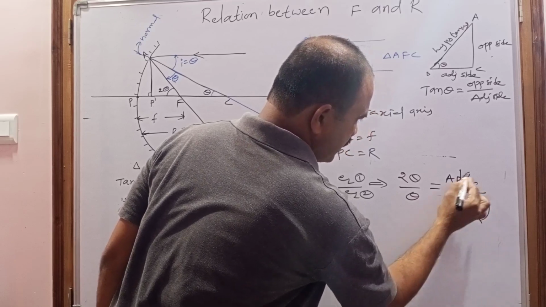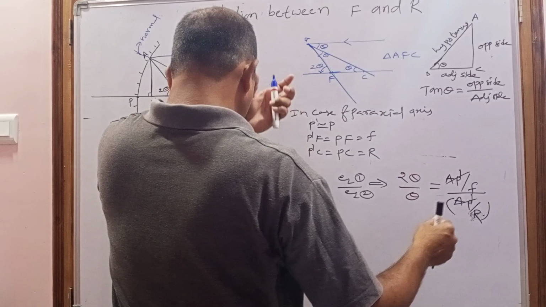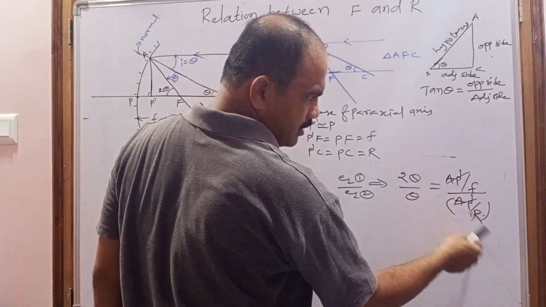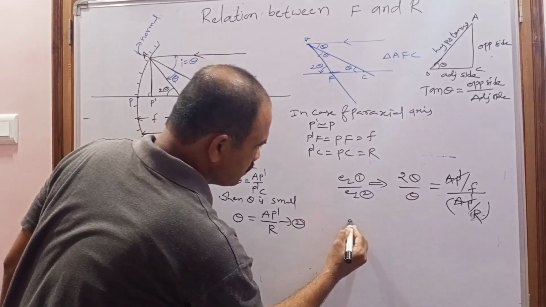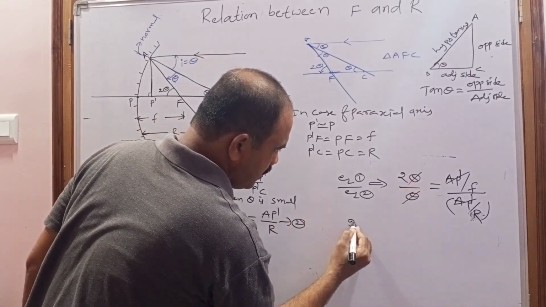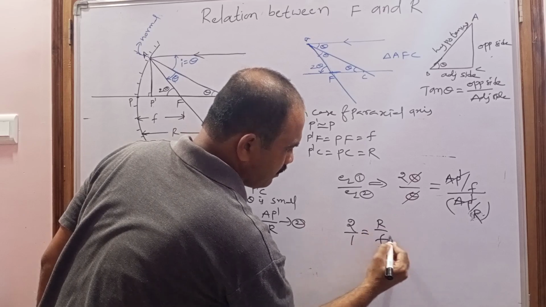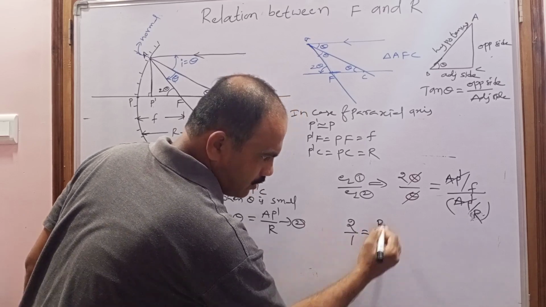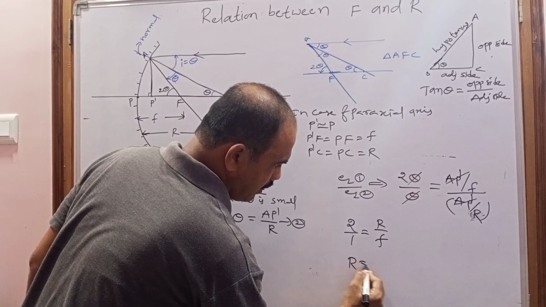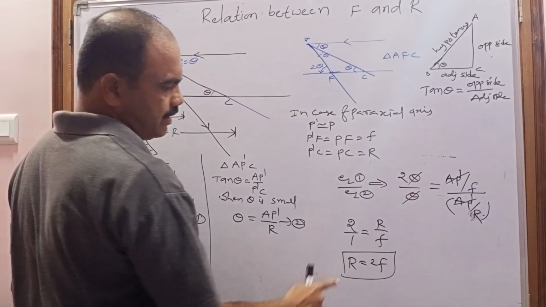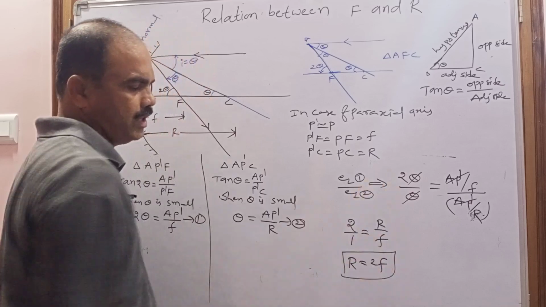So a p dash will be cancelled, the denominator goes to the numerator, and theta is also cancelled. 2 by 1 equal to r by f. From this, when we do the cross multiplication, we get r equal to 2f.